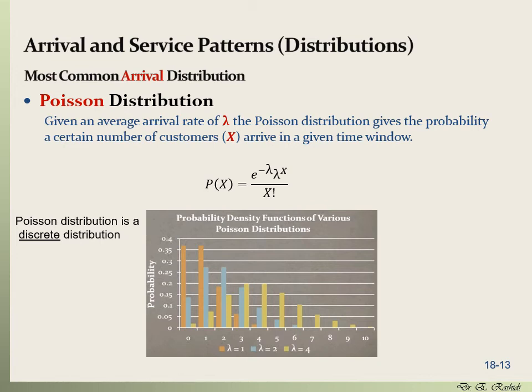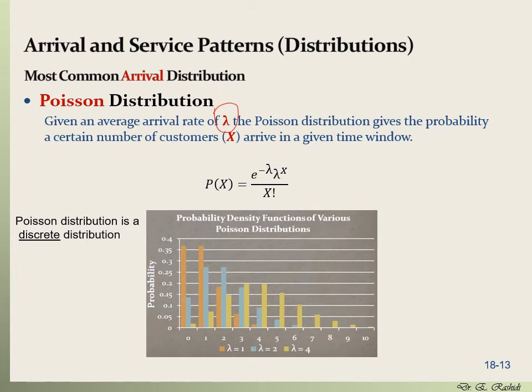In this distribution, we have an arrival rate that we show by lambda.